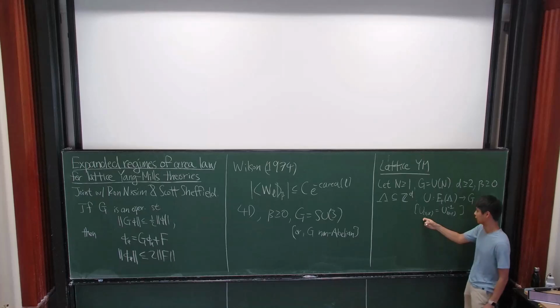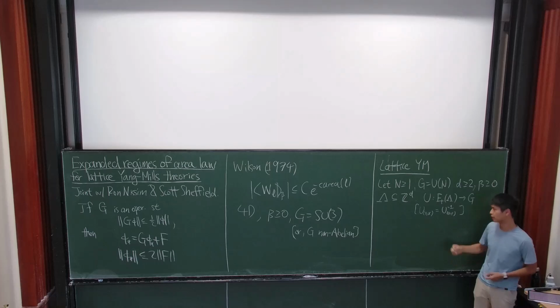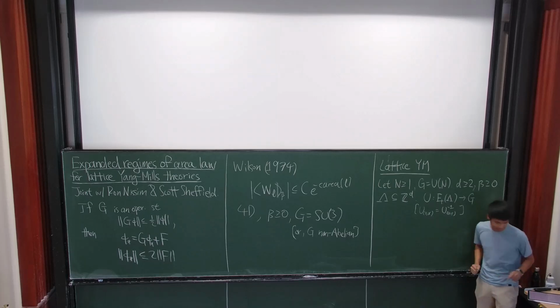So you assign a negative edge the inverse of the matrix you assign to the positive edge. Somehow this is natural from the way these things arise from the continuum. You discretize the connection on a vector bundle, and this is just how holonomies of connections transform.